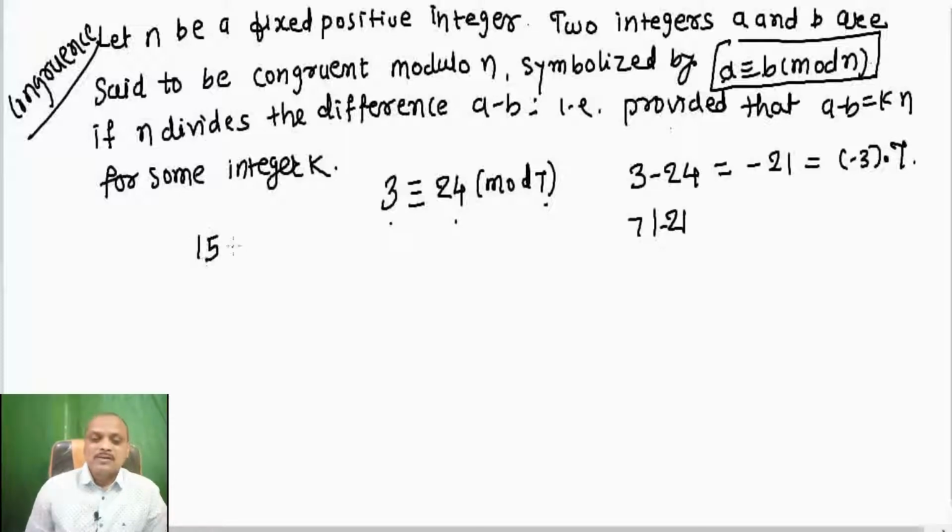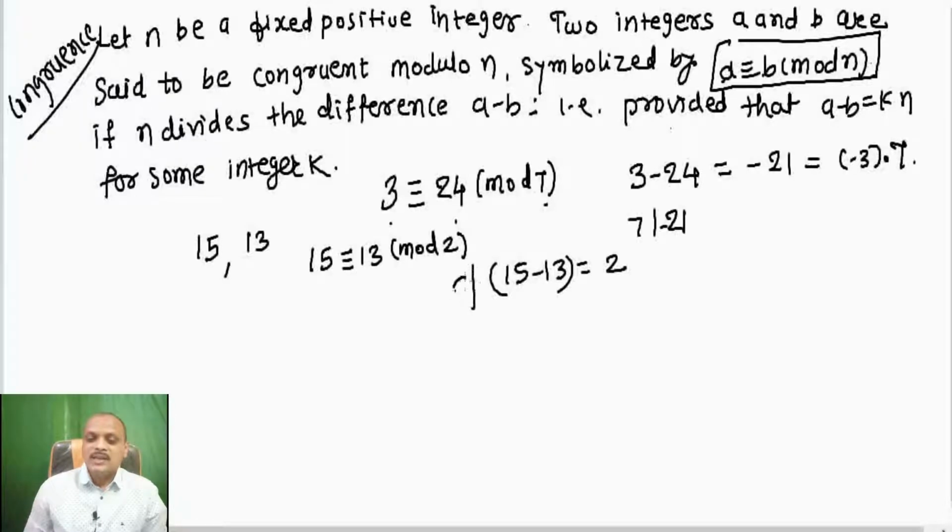If we have 15 and 13, then 15 is congruent to 13 modulo 2, since 15 minus 13 equals 2, and 2 is divisible by 2. It gives us 2 equal to 1 into 2.